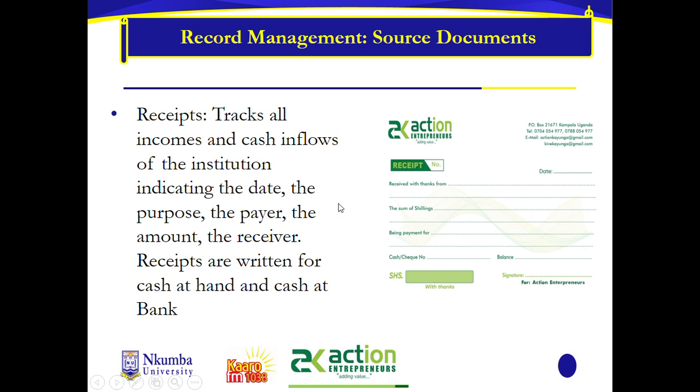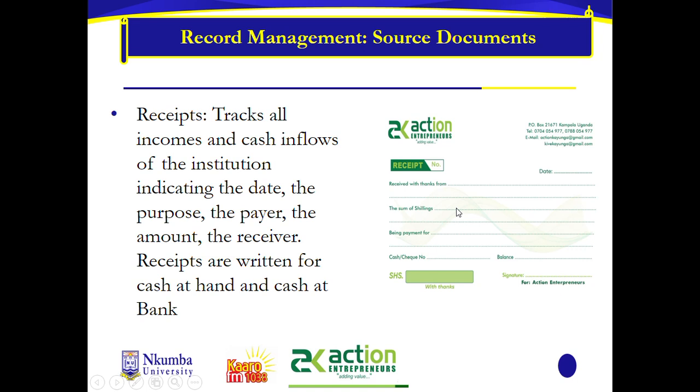Then the purpose for receiving, thanks from, that's now the payer who is paying the sum, and then the purpose is here, the purpose for receiving that money.